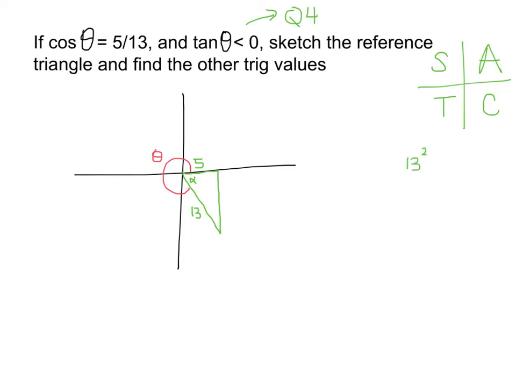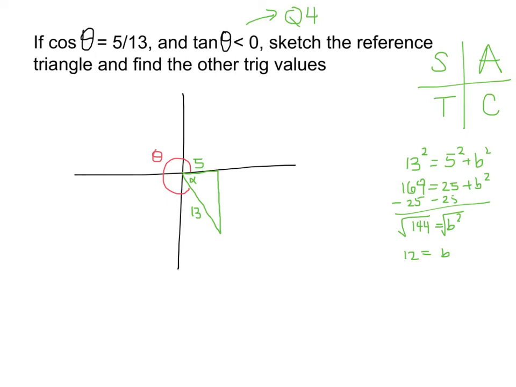So I have 13 squared equals 5 squared plus b squared. That's 169 equals 25 plus b squared. Then I subtract 25 from both sides, and I have 144 equals b squared, so that b equals 12 when I take the square root of both sides.